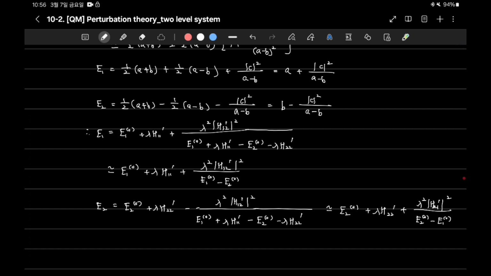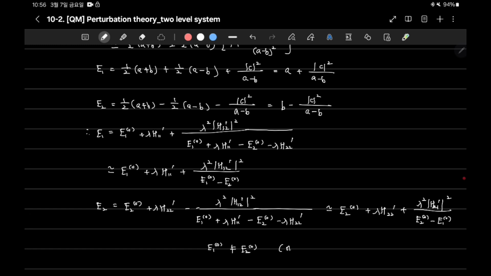In this case, we should keep in mind that this denominator should not be 0. So E10 should not equal E20, and it should not be degenerate.